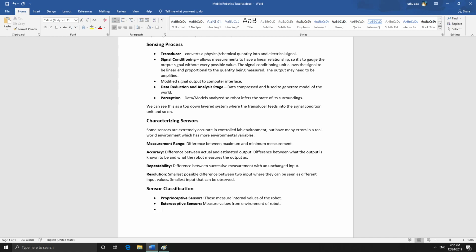Then we've got passive sensors. These listen, so they passively measure energy coming from the environment.